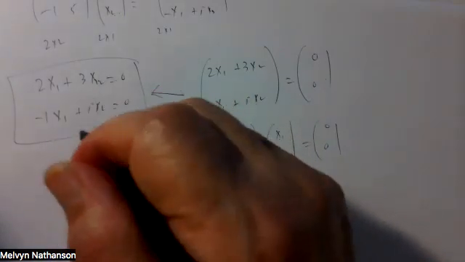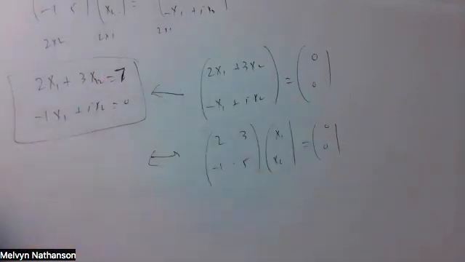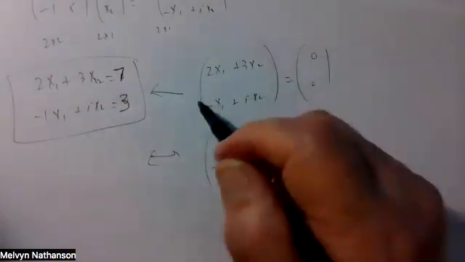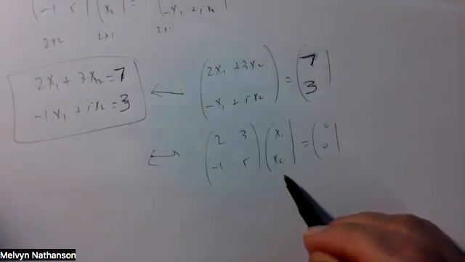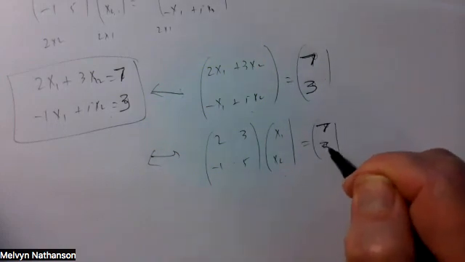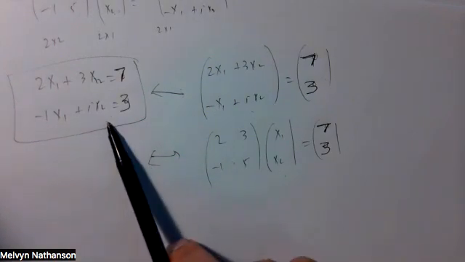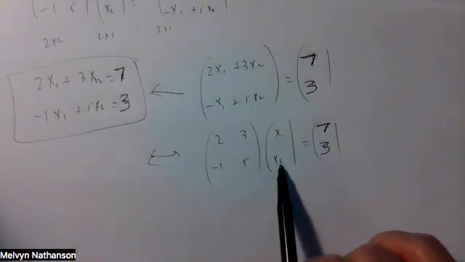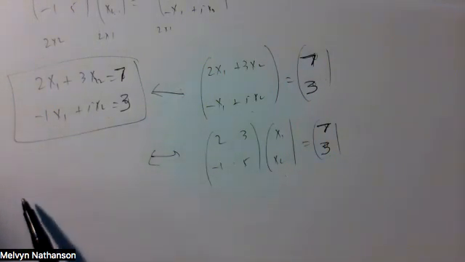If this were not 0, 0, if this was an inhomogeneous system, 2x1 plus 3x2 equals 7, and minus x1 plus 5x2 equals 3, then that's the same as saying that this vector equals this vector, or this matrix equation equals this. So you can rewrite a system of linear equations in vector matrix form. So a vector that solves this is the same as a pair of numbers that solves this.